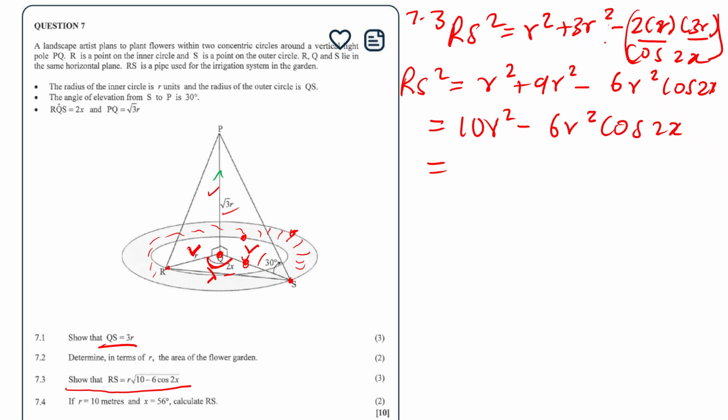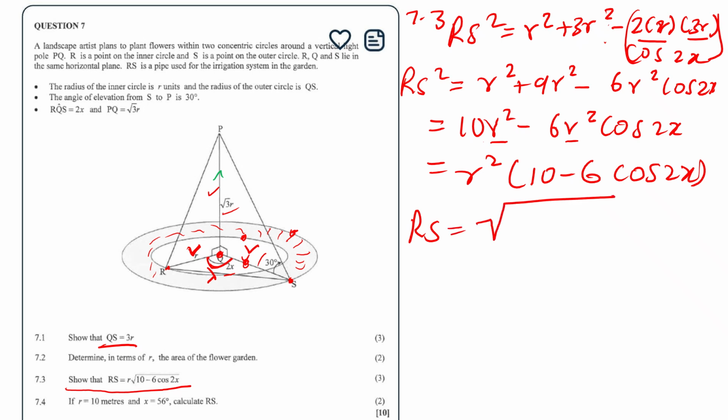We can take the common factor of r squared there. Therefore r squared times 10 minus 6 cos 2x. Good. Now for RS, we can take the square root, because this is RS squared. Therefore we have RS as r times the square root of 10 minus 6 cos 2x, after taking the square root.